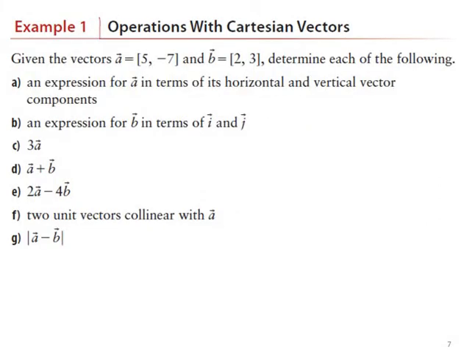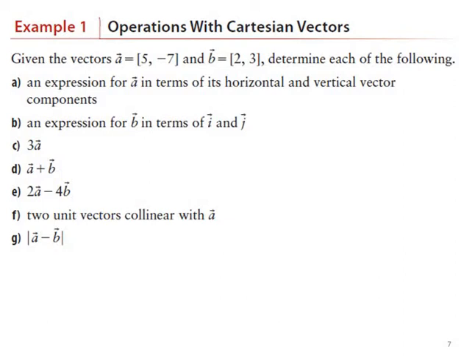Let's see an example. Given the vectors a, [5, -7], and vector b, [2, 3], determine each of the following. Part A says, find an expression for a in terms of its horizontal and vertical vector components.